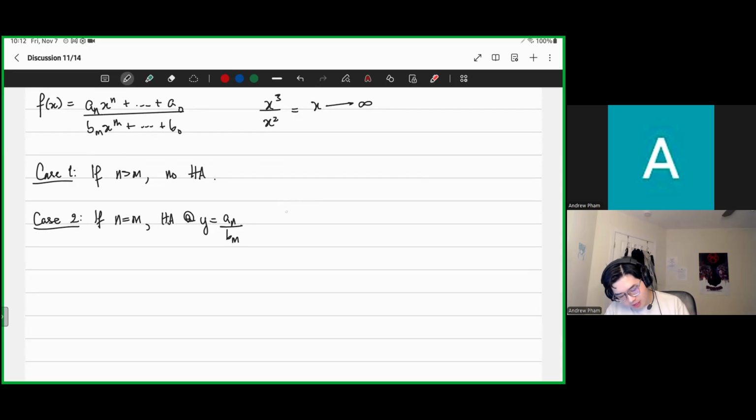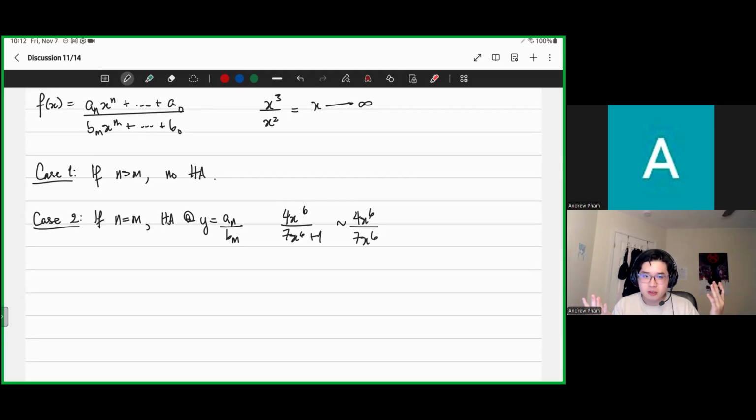So in our case, let's say I have a rational function that looks like this: 4x to the 6 over 7x to the 6 plus 1. We know that end behavior deals with only the leading terms. So this is basically equal to 4x to the 6 over 7x to the 6 if you take x to be really large. That addition of 1 isn't going to matter too much.